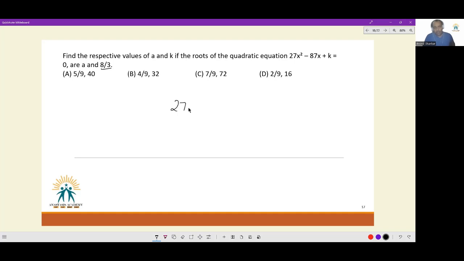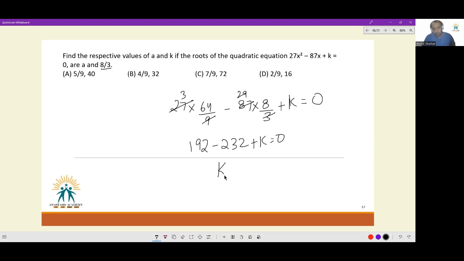So I will have 27 into 64 by 9 minus 87 into 8 by 3 plus k is equal to 0. Cancel 3, cancel 29. I get 192 minus 232 plus k is equal to 0, or k is equal to 40.